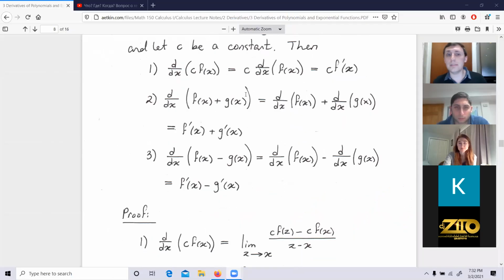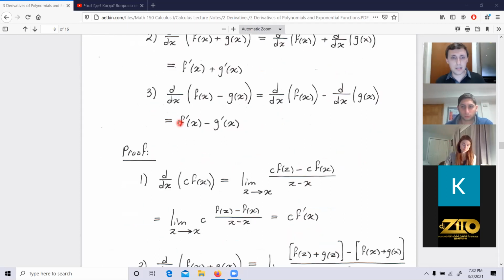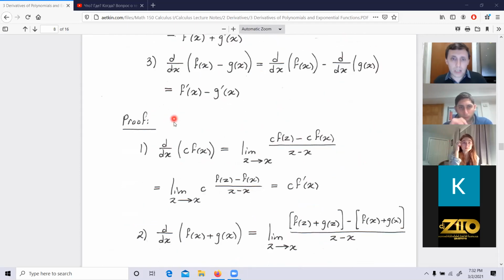So those are the limit laws or the derivative laws. We are going to prove them, 1, 2, and 3. Let's get started. So we are going to prove 1 by definition. If this is my function, by definition, it's cf(z) minus cf(x) divided by z minus x.